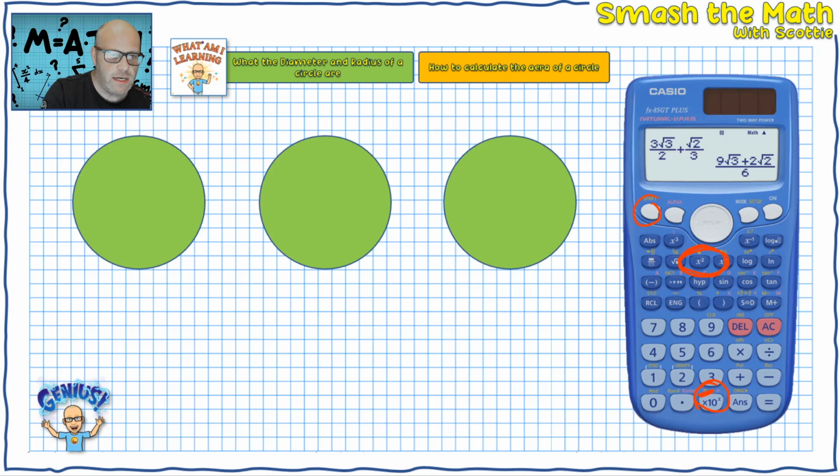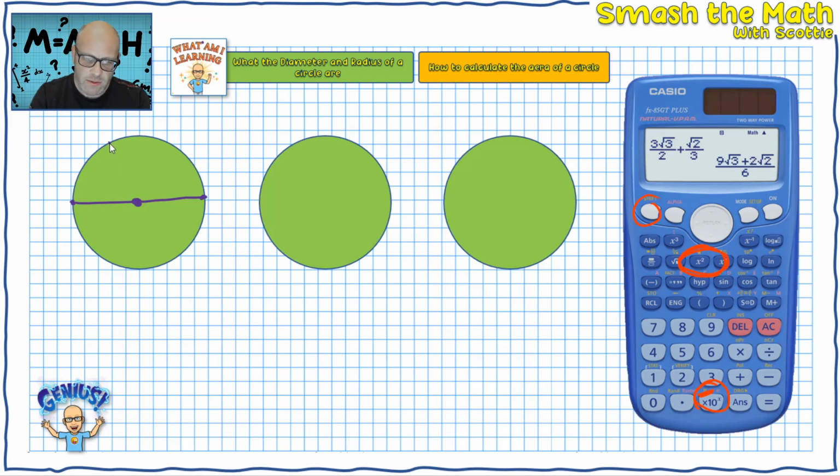Okay, so let's take a look then at the radius and diameter. The diameter of a circle is basically going from one side of the circle all the way to the other side of a circle, making sure we go through the center. So the distance from this side to this side is the diameter.